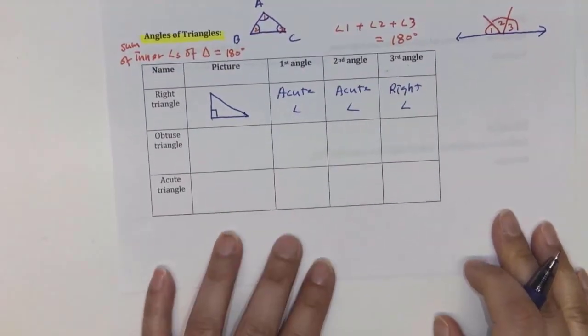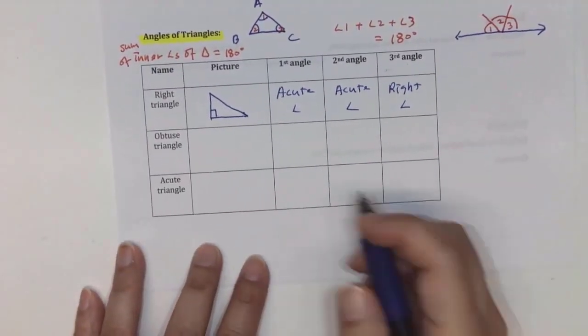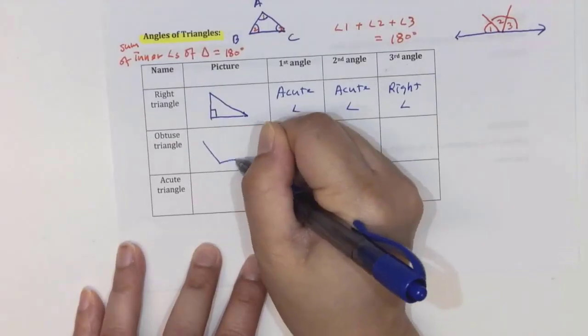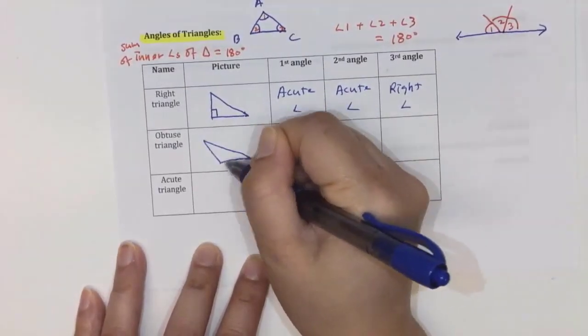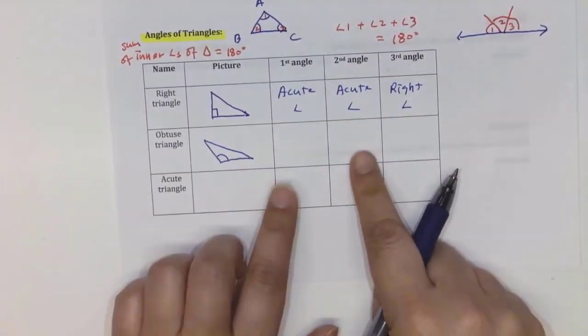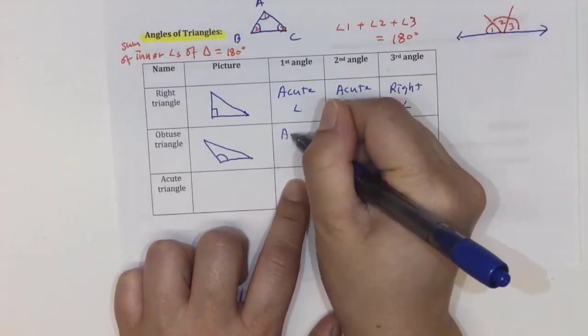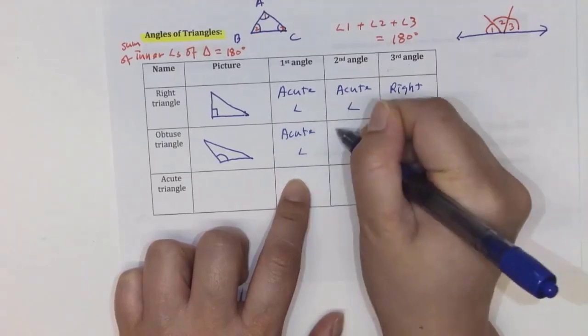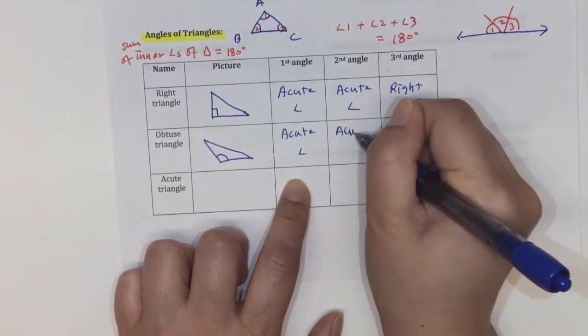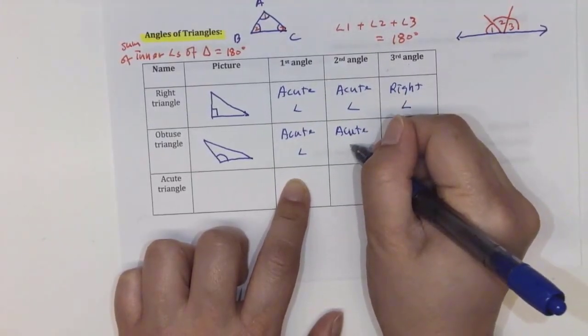All right. And how about an obtuse triangle? It should look kind of like that. Then you should have how many acute angles? 2 acute angles and 1 obtuse angle.